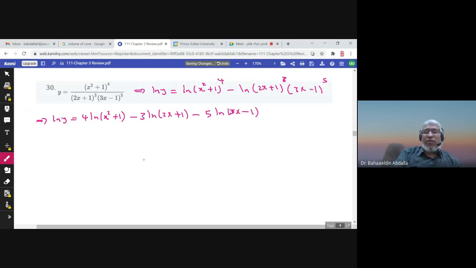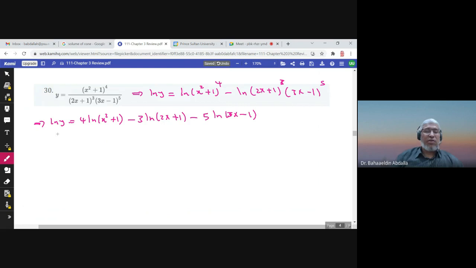And now I simplified the equation, and I can start deriving. Derivative of ln y is y prime over y. Derivative of this is 1 over x squared plus 1 times 2x, and there is a 4, so times 8x. Derivative of ln 2x plus 1, 1 over 2x plus 1 times 2, and there is a 3, so 6. 1 over 3x minus 1 times 3, and there is a 5, so it would be 15.